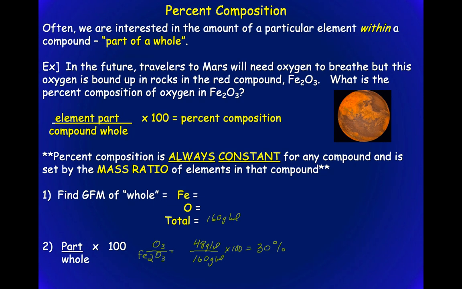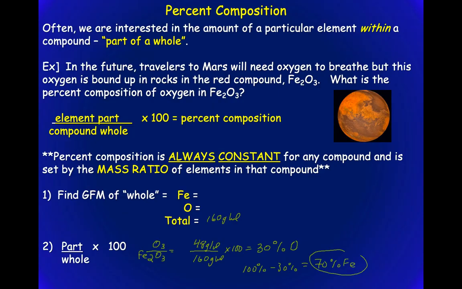Okay, so we could say that really it's 30% what? 30% oxygen. And since there's only two elements in there, I can also say that 100% minus 30% oxygen is equal to 70% iron.